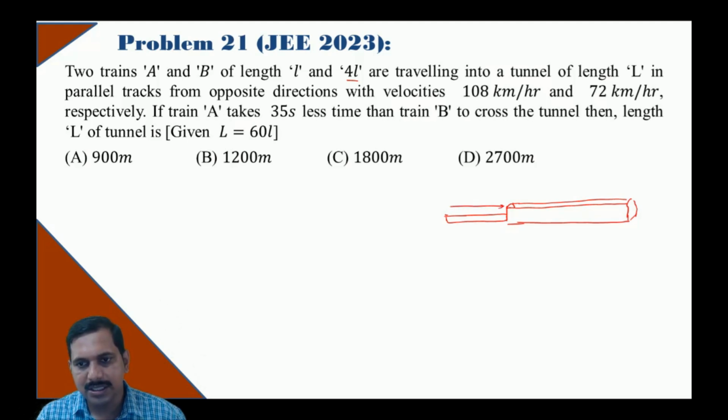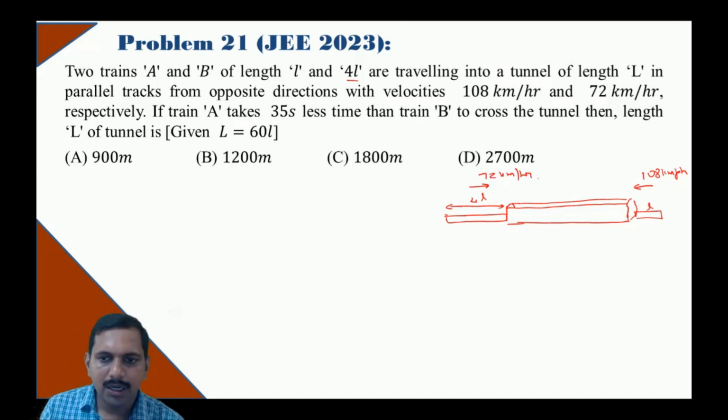Its length is, say, small l. And this one is 4l, two trains moving in opposite directions. The one moving in this direction is moving at 108 kilometer per hour, and this one is moving at 72 kilometer per hour, right?